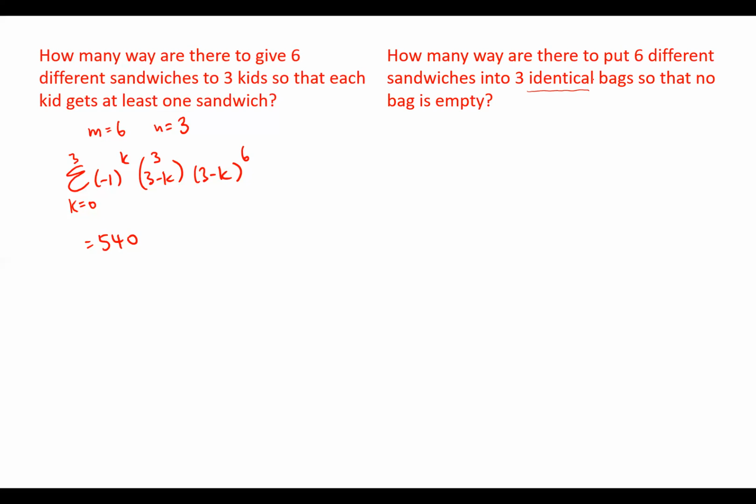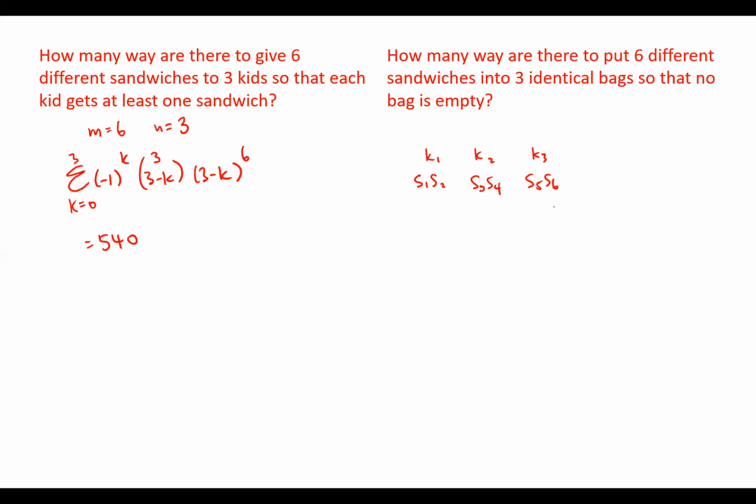I want you to see that when we're distributing objects, earlier I had kid number 1, kid number 2, and kid number 3. Let's say I gave kid number 1 S1 and S2, kid number 2 S3 and S4, and kid number 3 S5 and S6.